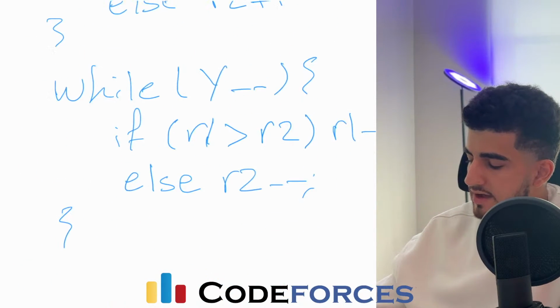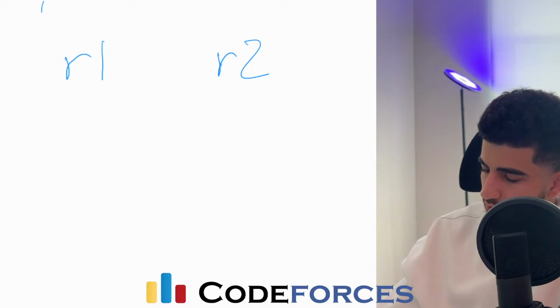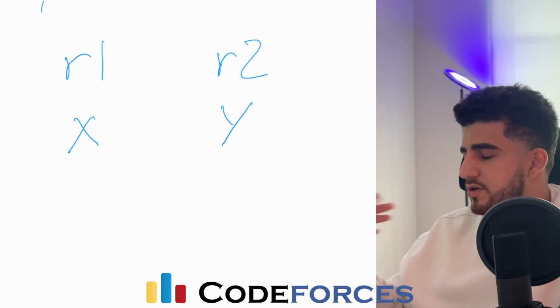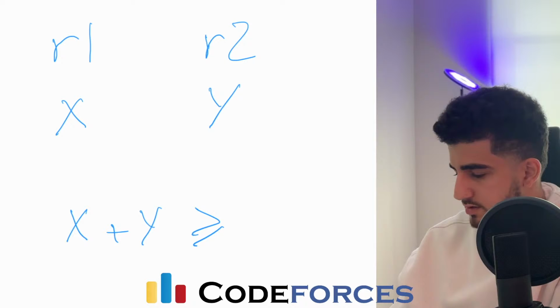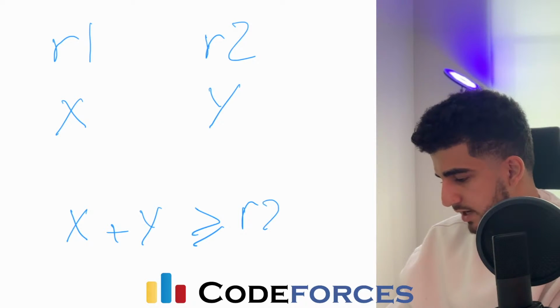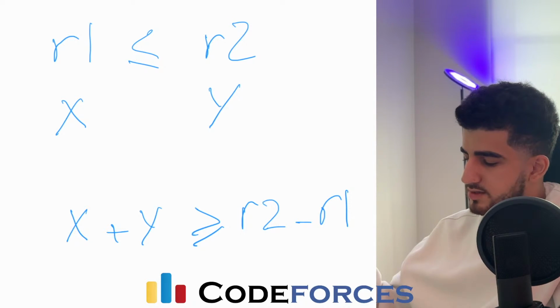So they already have some ratings, R1 and R2, and also we have some X and some Y. Well, the point is that if X plus Y is greater than or equal to R2 minus R1, assume that R2 is greater than R1. Otherwise, we can swap them, right?